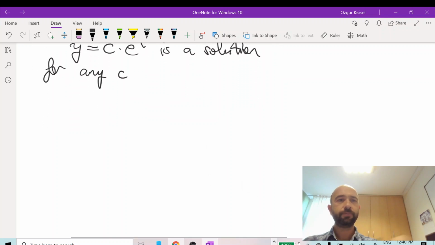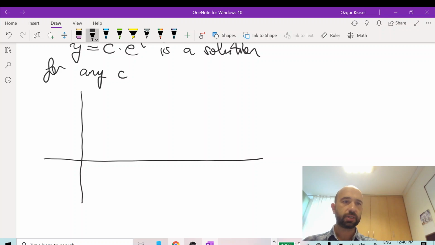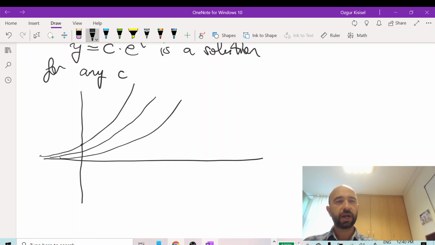If we graph them, what do they look like? c times e to the t. So first e to the t, at 0 it is 1. It goes up like this somehow. If you multiply this by c, you'll be scaling it multiplicatively. So these are some graphs for different values of c.